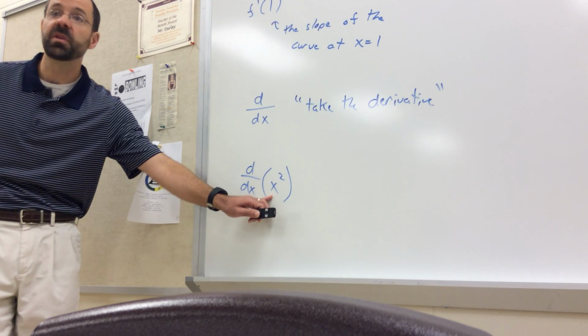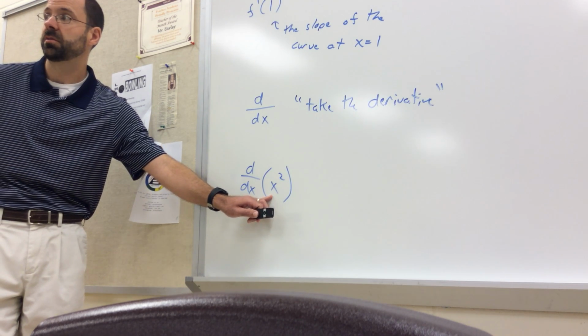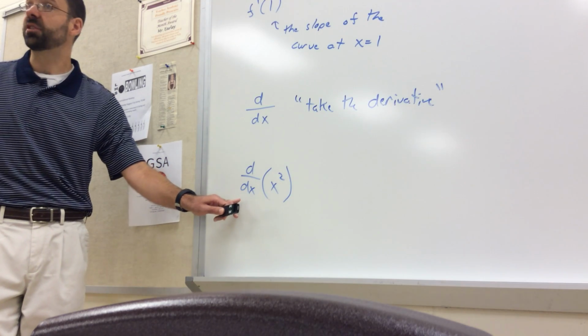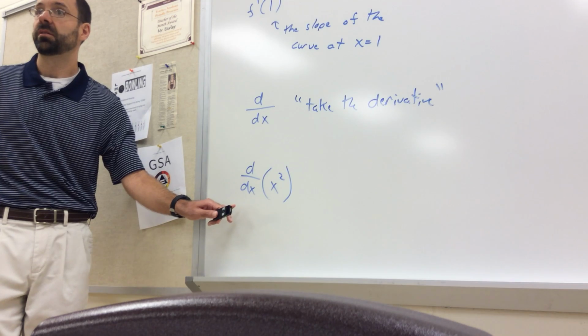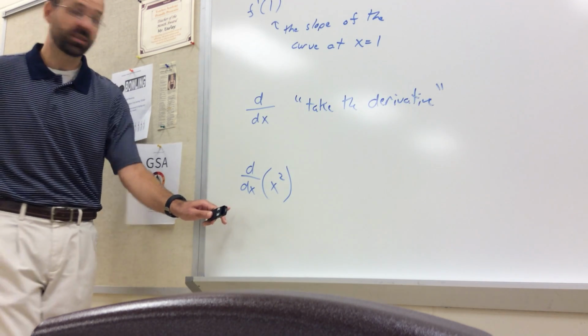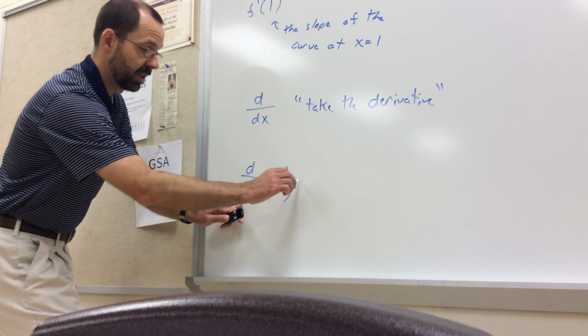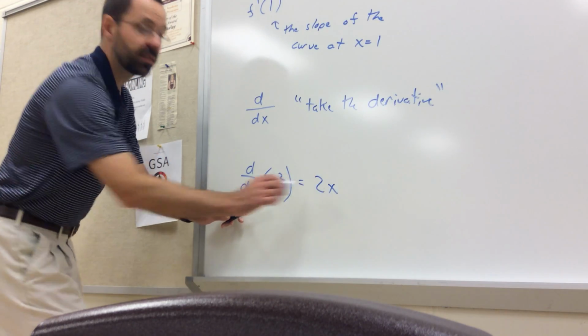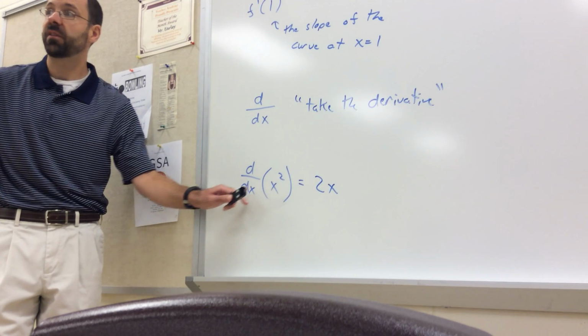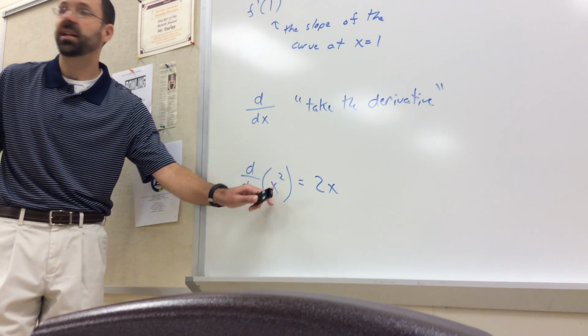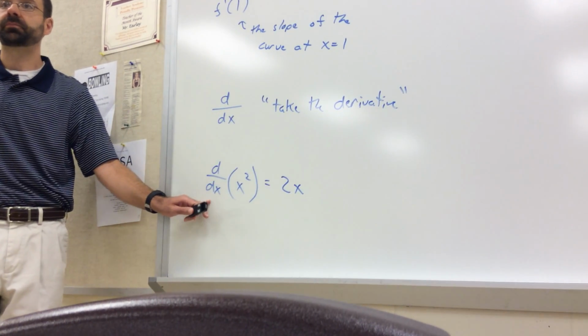So then that tells me what the curve is. And what was the formula for the slope of the curve for x squared? It was 2x, right? So then I could say this answer is 2x. Because if I take the derivative of x squared, if I find the formula, then it comes out to 2x.